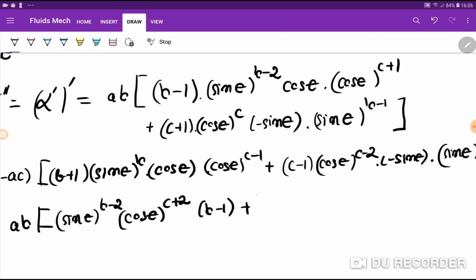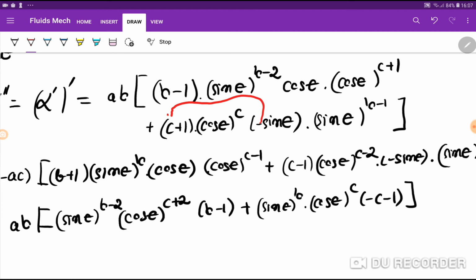Then it would be sine theta to the power of b times cos theta to the power of c, and then times negative c minus 1, because you times negative 1 here. Let me use the arrow to demonstrate to you guys. Times negative 1, I'm going to put it here. Does it make sense?